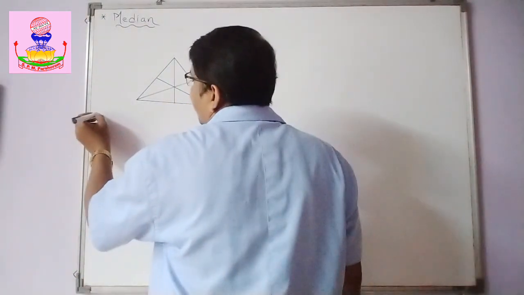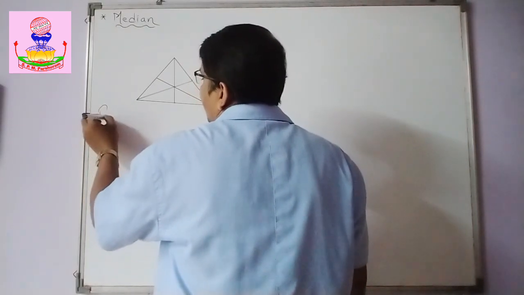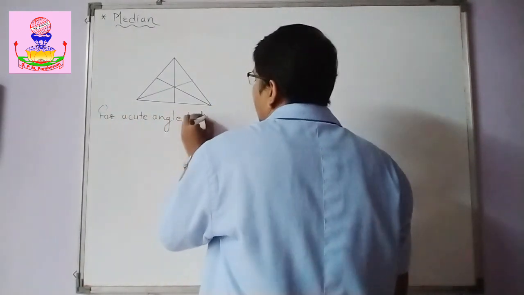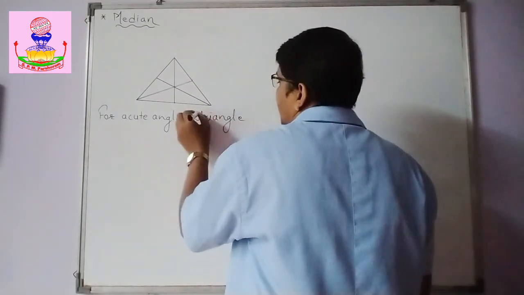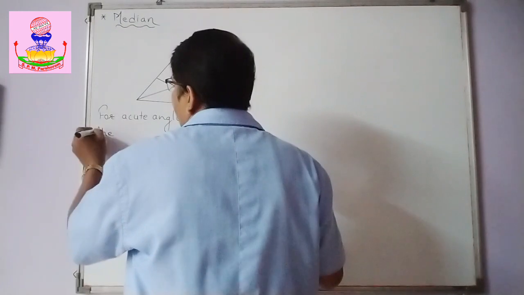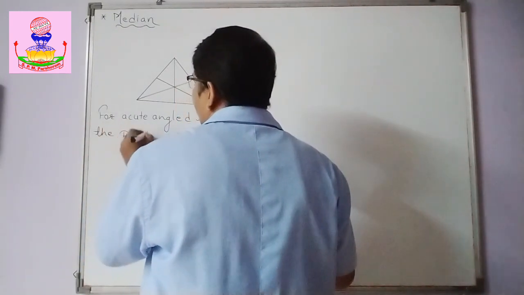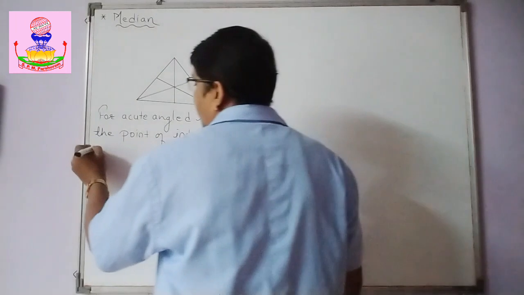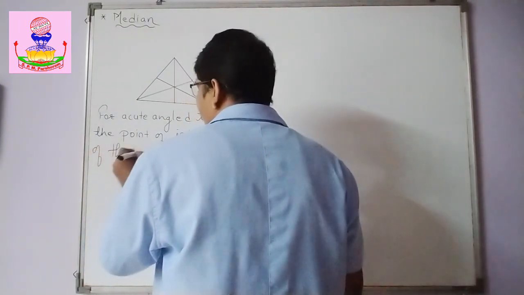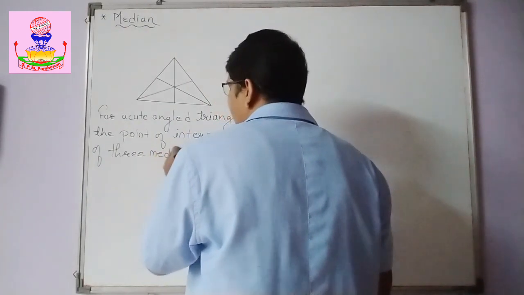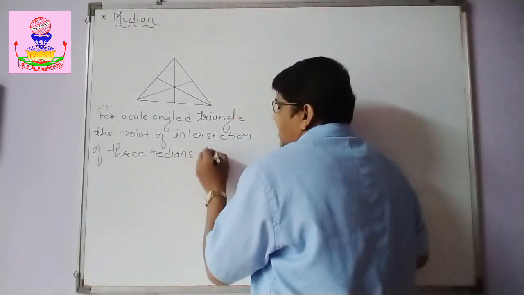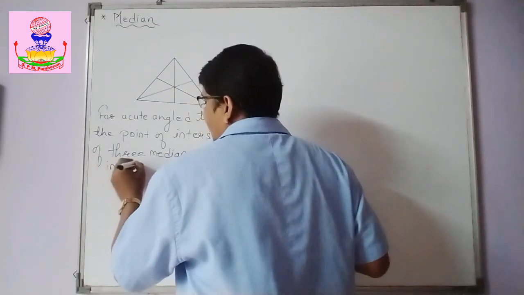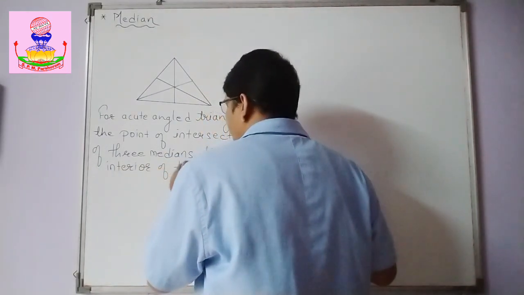So for an acute angle triangle, the point of intersection of the three medians, where is it? Yes, the three medians lie in the interior of the triangle.